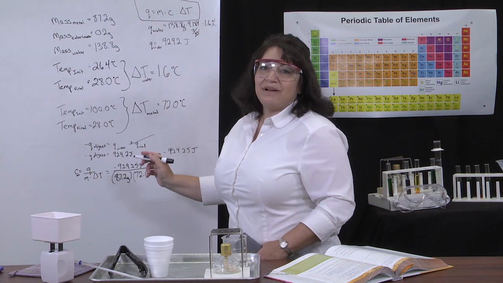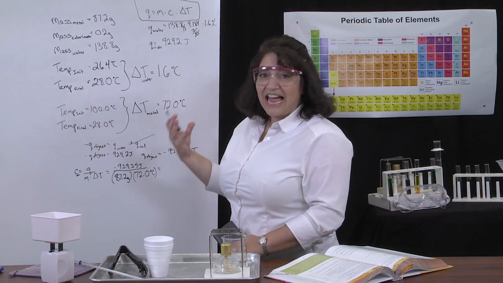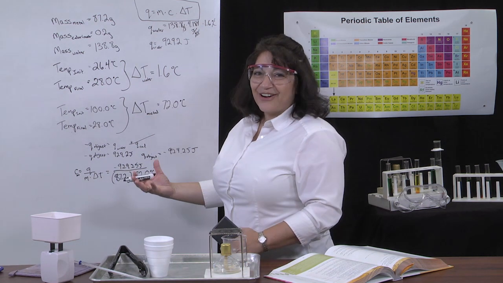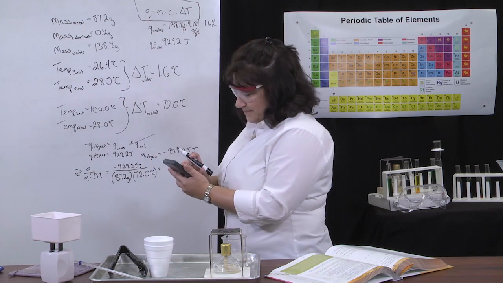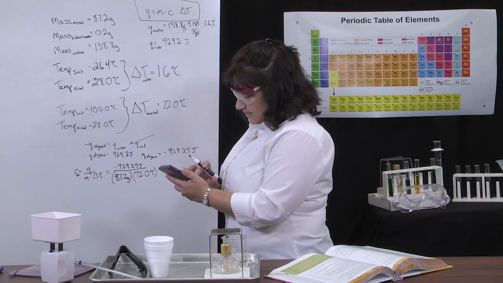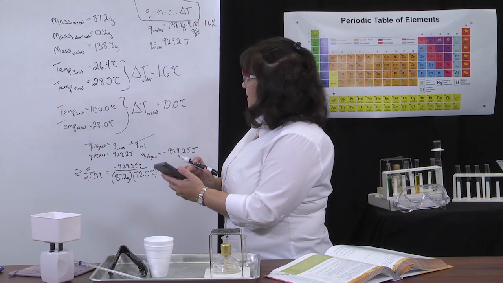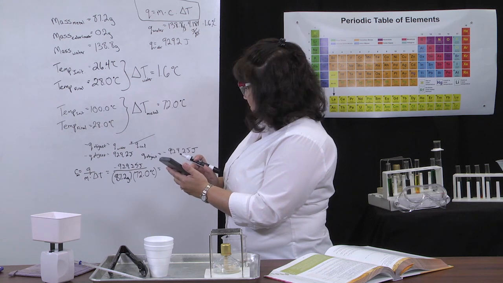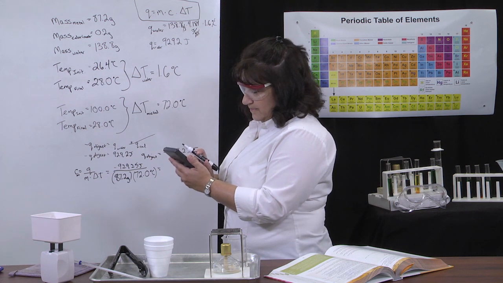Notice the units of what my C is going to be. Joules over grams times degrees Celsius. And that's the unit that we want our specific heat to be in, so we're on track. Let me run the numbers. 929.2, and that's a negative number.